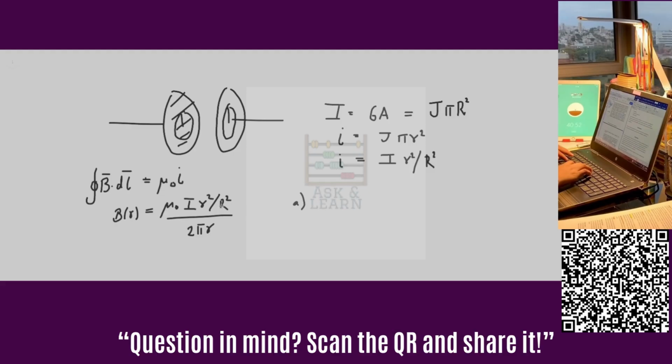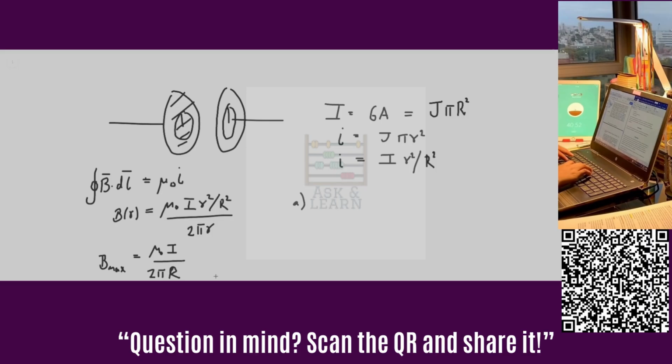The maximum occurs when small r equals capital R, because at that point we have the total current I. So we can also write what B max is. B max is equal to mu naught I, as it should be capital I, because that is when small r is equal to capital R, divided by 2 pi R, because the two R's are exactly the same.